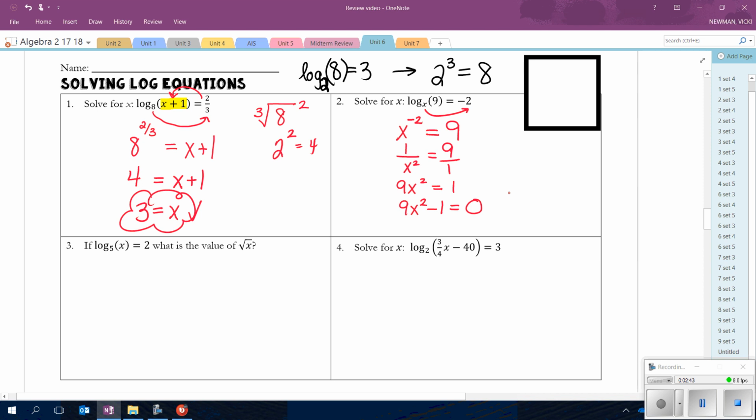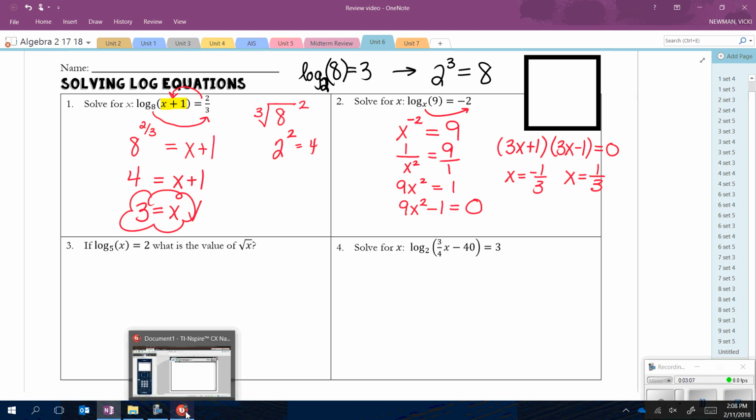And we see it's a difference of 2 perfect squares. So our factors are 3x plus 1, 3x minus 1. So x is equal to -1/3, and x is equal to +1/3. You have to check these. It's absolutely required. So log base x of 9 equals -2.